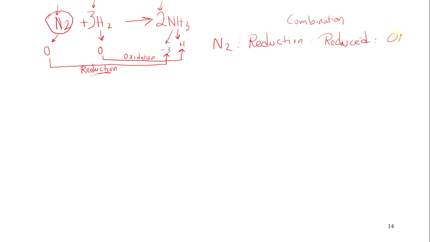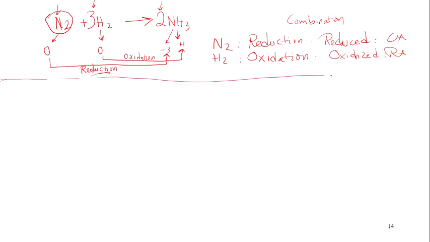We call that the oxidizing agent. H2, this reactant, is going to participate in the oxidation reaction. So we call that oxidized. So we call it the reducing agent. So we could talk about a combination reaction by redox reactions.